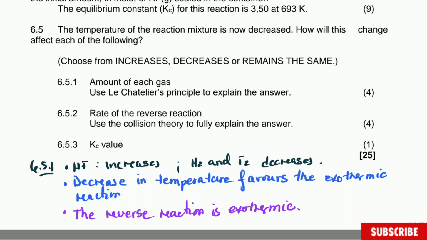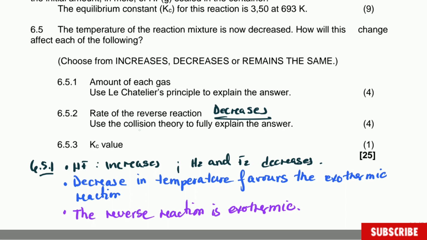Question 6.5.2, rate of the reverse reaction. Now the rate decreases. It doesn't matter if it is exothermic or endothermic, or which rate is affected. The rate is going to decrease. If you decrease the temperature, the rate decreases. But let's explain.